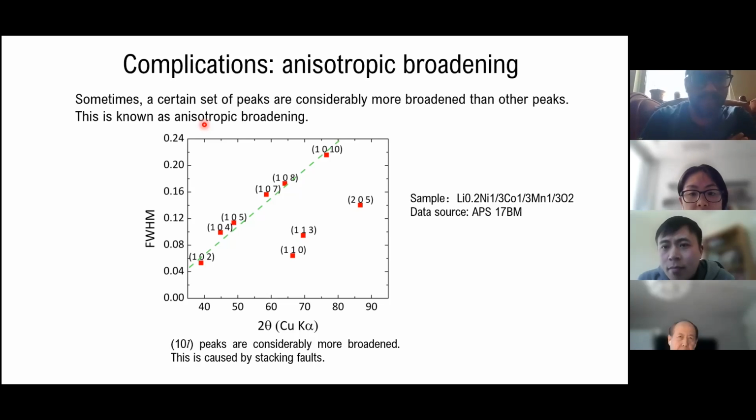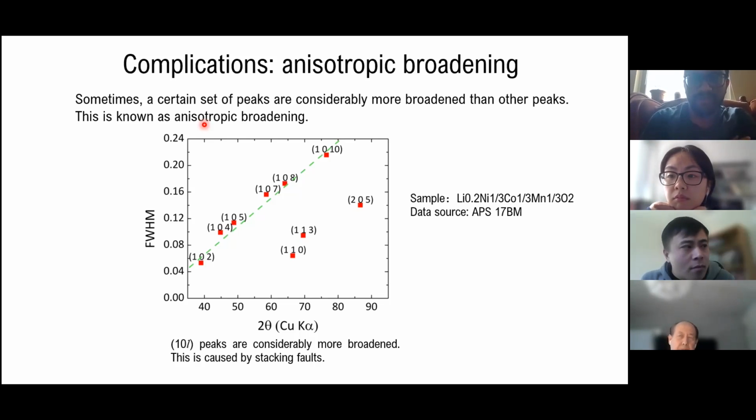I guess Kumar also has a paper on a sodium cathode material related to that. I'm just wondering if the peak shape or some distinct shape of the peak could be attributed to some distinct defect in the material other than stacking faults, maybe some other type of defects like twinning, or some 1D defects or 2D defects, not just the stacking faults.